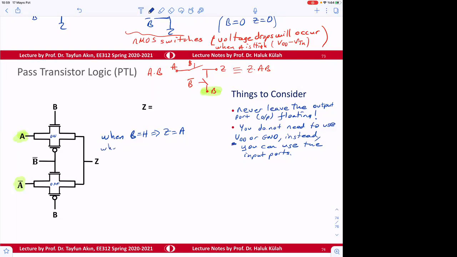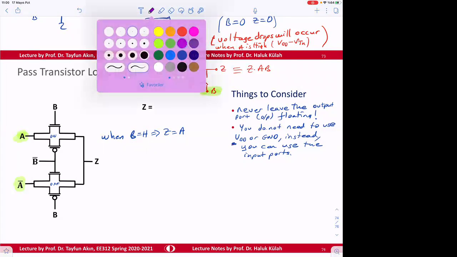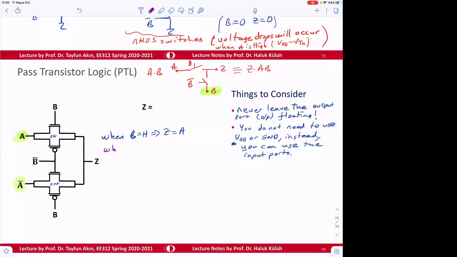So when B is equal to low, okay, maybe I should use a different color here, just to get a better view. When B is low, then this will be off.